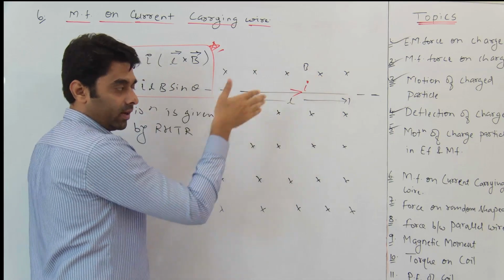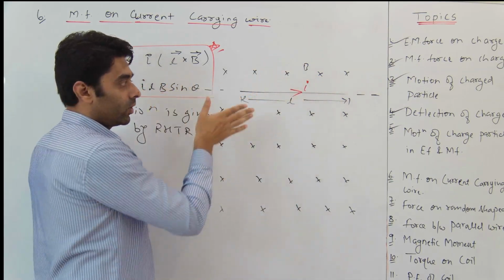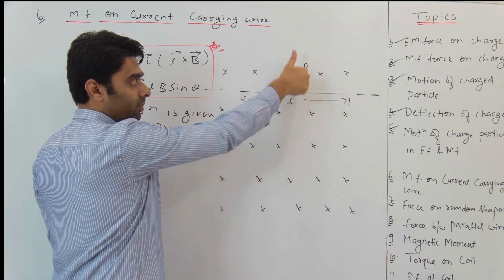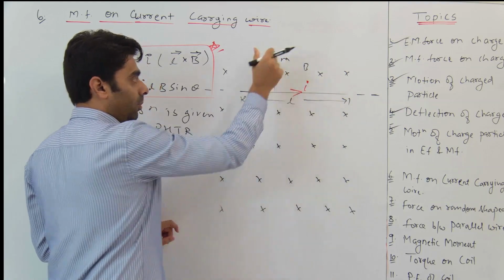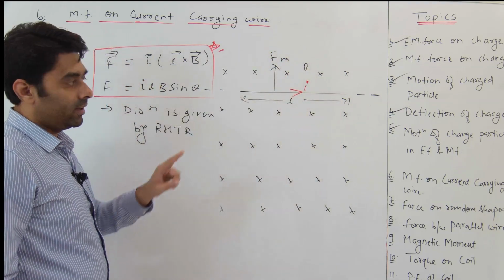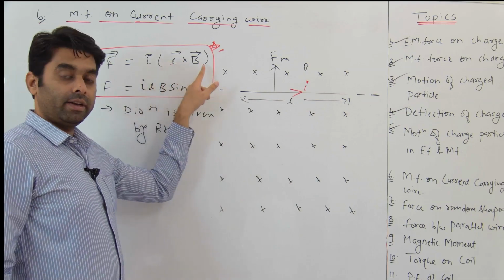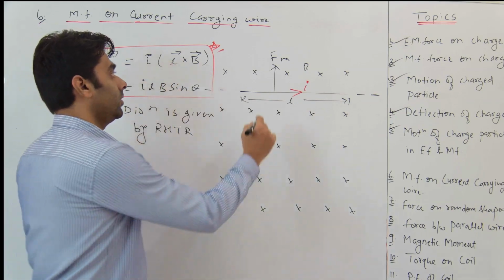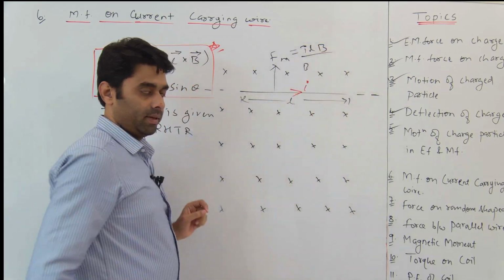In this specific case, L is towards positive X, B is towards negative Z. So when we do L cross B, your thumb is pointing upward, so the magnetic force comes out in the upward direction. In this specific case, the angle between the length vector and magnetic field is 90, therefore the magnetic force will simply be ILB, right?